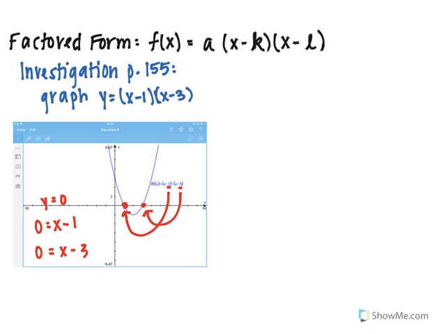And if I solve, I would get the opposite values. And the reason they must equal 0 is because for y to equal 0, that means this entire equation must equal 0. And the only way two things can multiply and equal 0 is if one or the other equals 0. And just so you remember, that's called the zero product property.